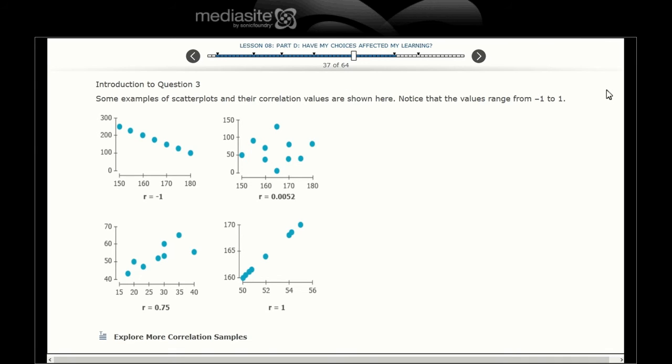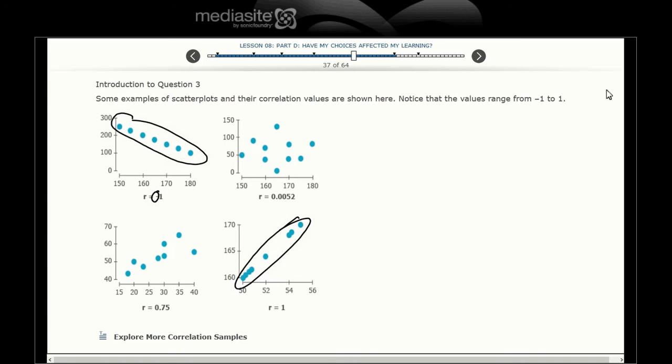Okay, so some scatter plots. The more it approaches a straight line, the closer r is going to be to 1. Now, in some cases, the sign corresponds to the slope.